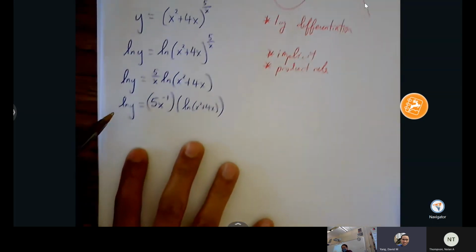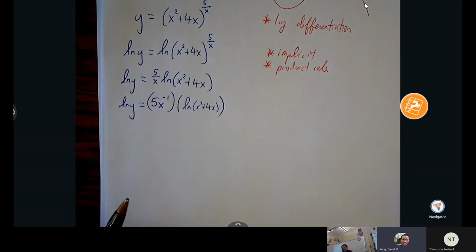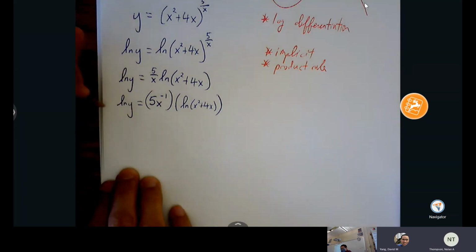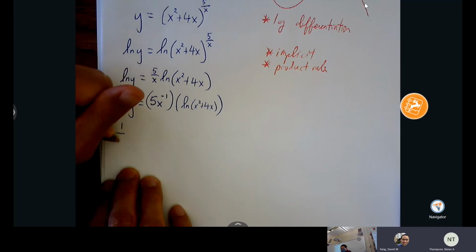Okay, so now we're ready for our derivative, right? What does natural log of y turn into? Dy over dx. Something in front though. No, it's going to be 1 over y.